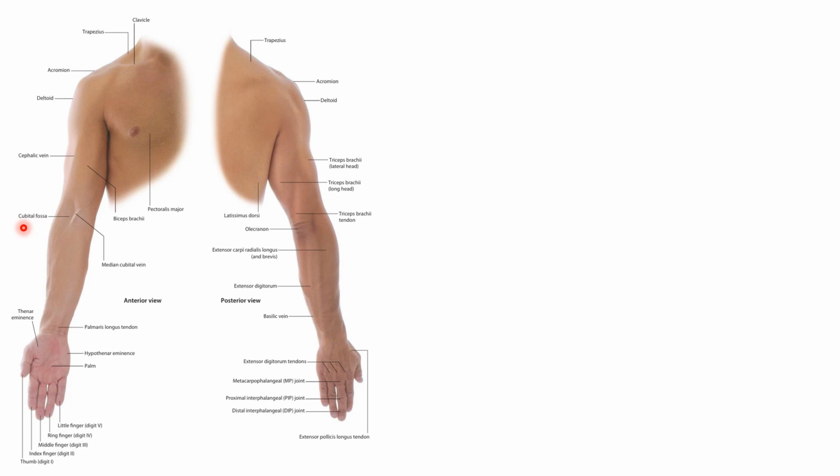This is the cubital fossa. And this is the forearm region, extending from elbow to wrist, and this is the wrist region between forearm and hand, made by carpal bones, and this is the hand, a highly functional region for manipulation.